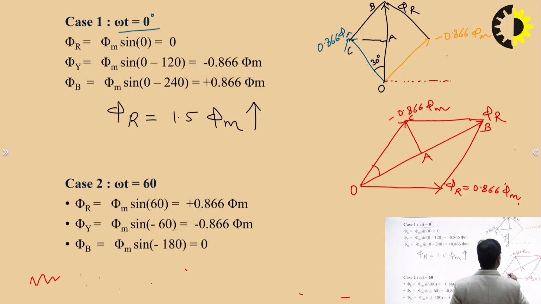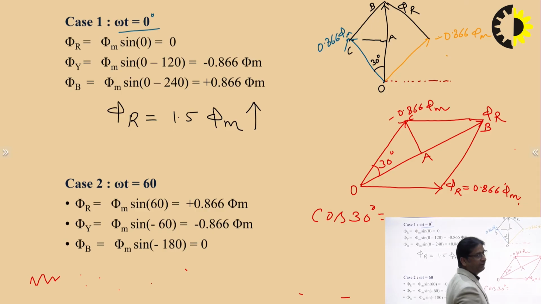So this angle is 30 degree. So when you write cos 30 in triangle OAB, the cos 30 will be given by OA upon OC.